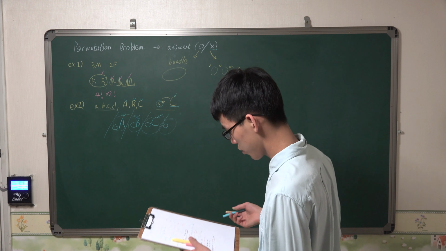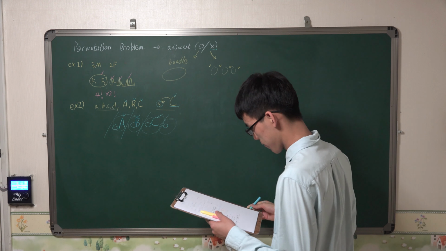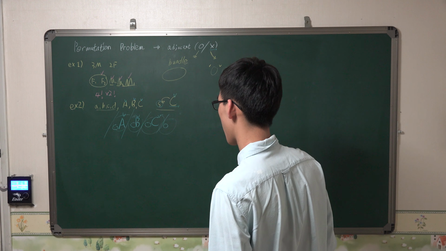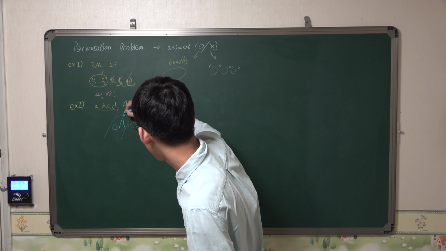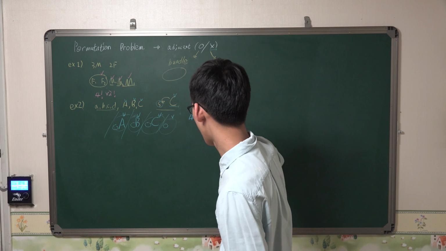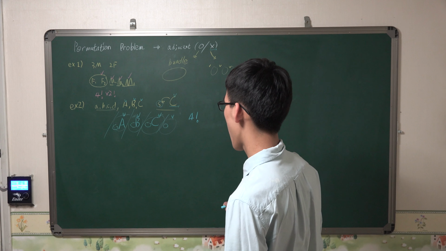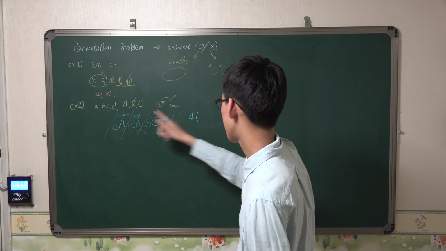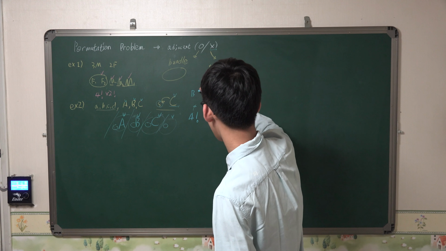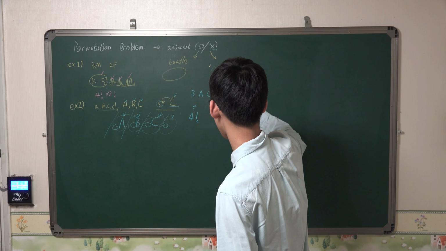And then we can list these 4 blocks, so we write 4 factorial. The first 4 factorial is like B, A, C, and blank.